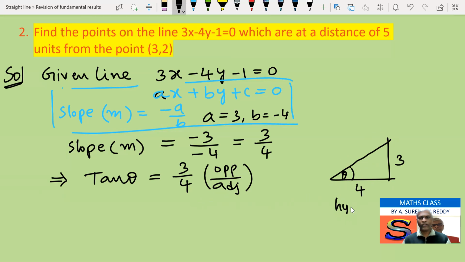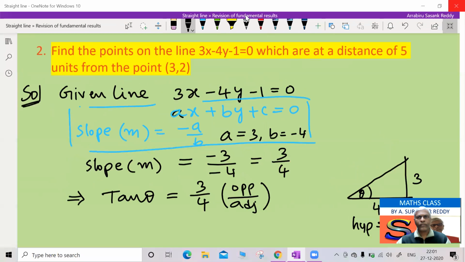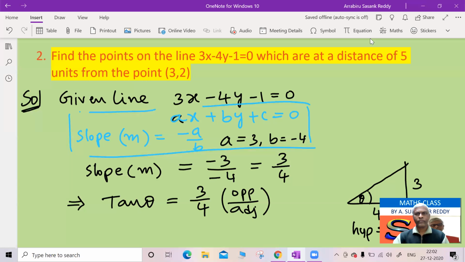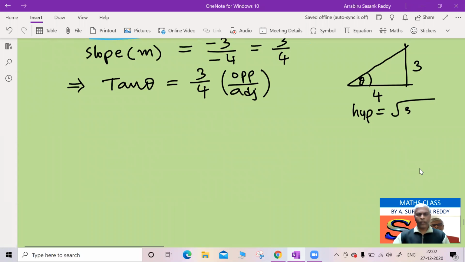Hypotenuse square is equal to the sum of the squares of the two sides.